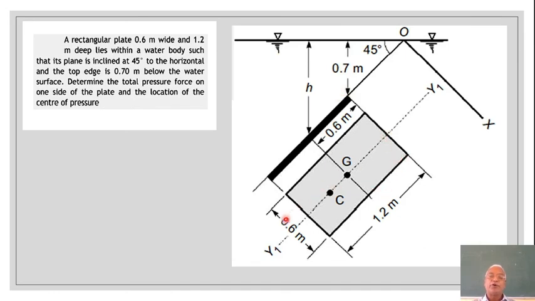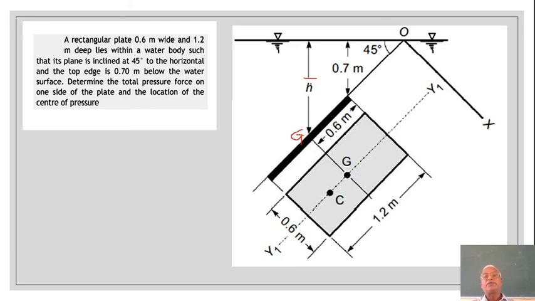Because it is 1.2 this way, this is 0.6, and this is the centroid, you know that. So this point is the centroid, and we call this h bar, right? Let me write that. This is h bar, and this point itself is G actual, right? This is the front view.